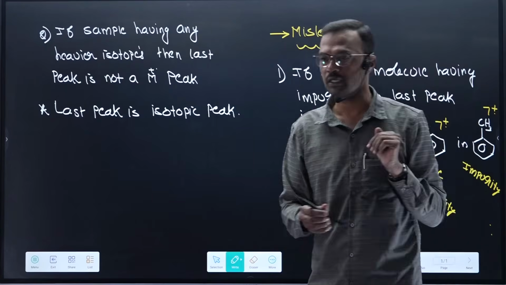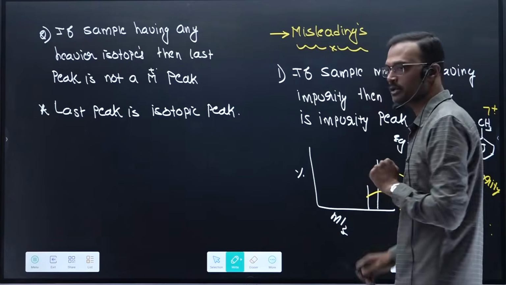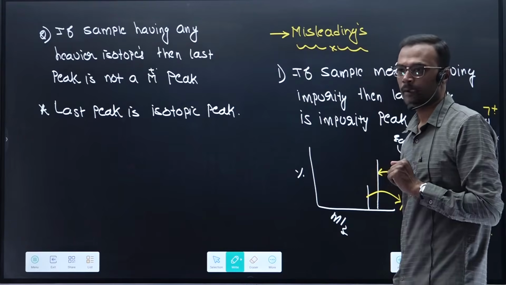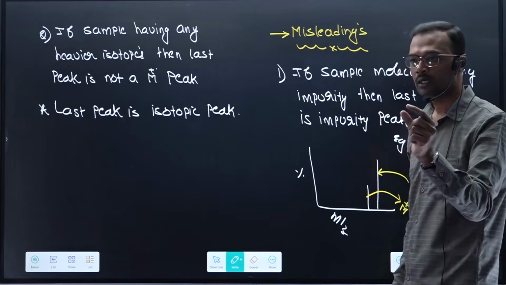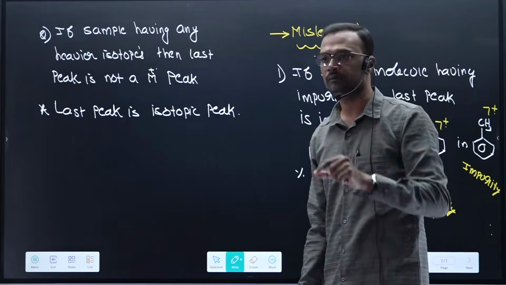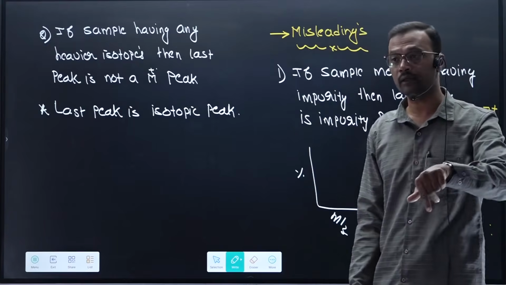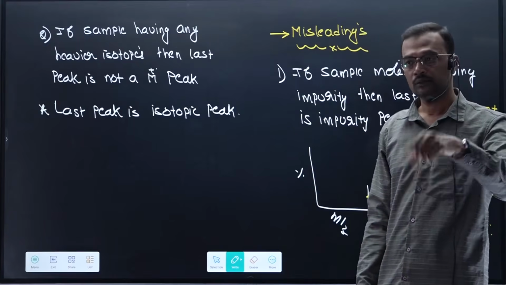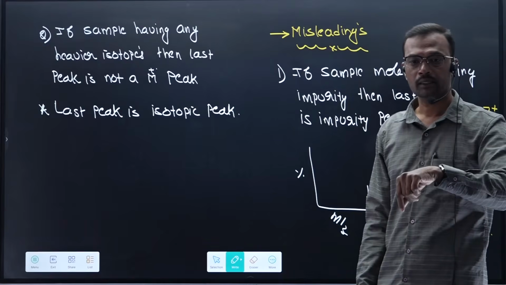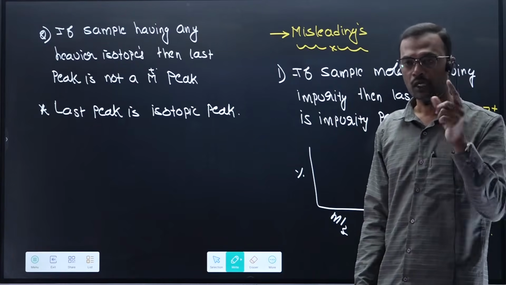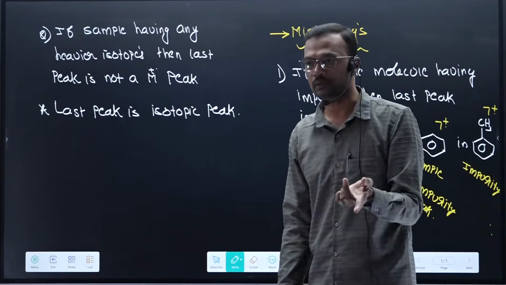Suppose I take benzene. What is the M value of benzene? 78. Now, did I take carbon with 12 or carbon with 13? Carbon with 12. Why not 13? Because it is a heavier isotope. If it is a heavier isotope, why are we not considering it? That is the question.